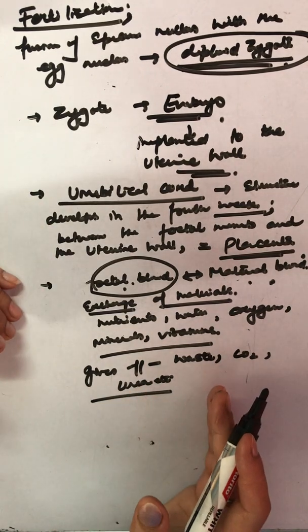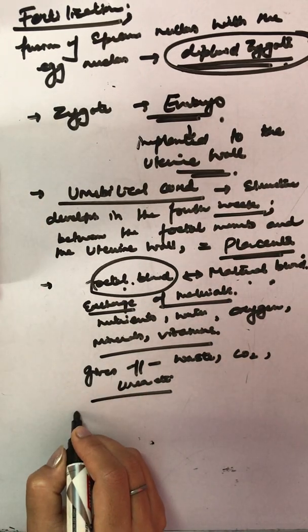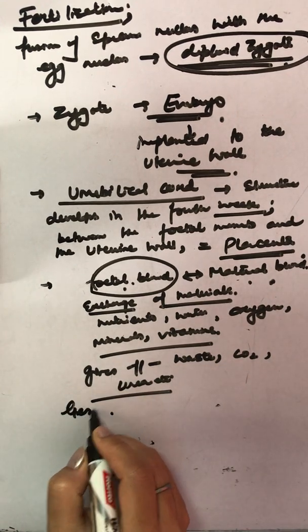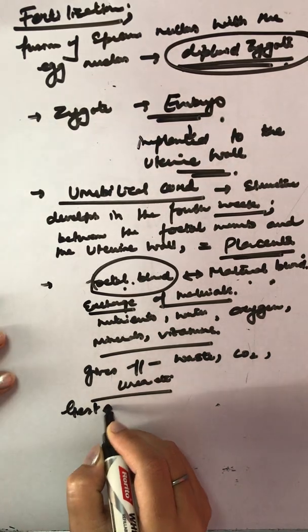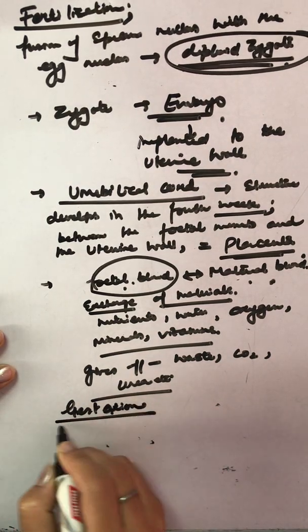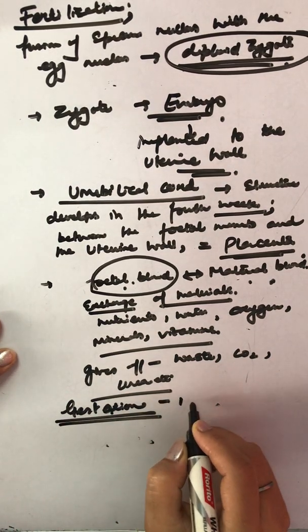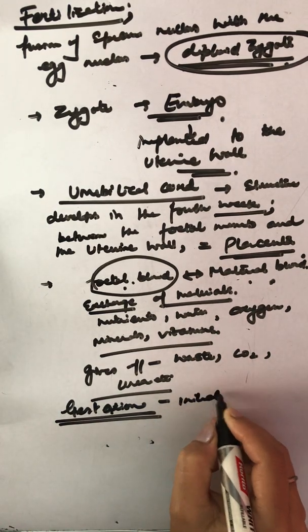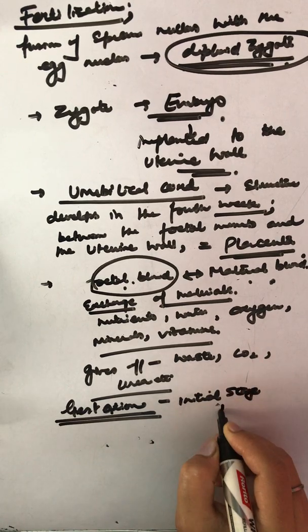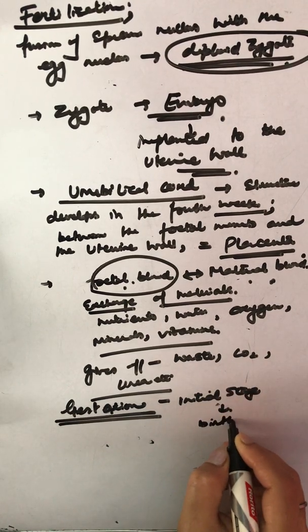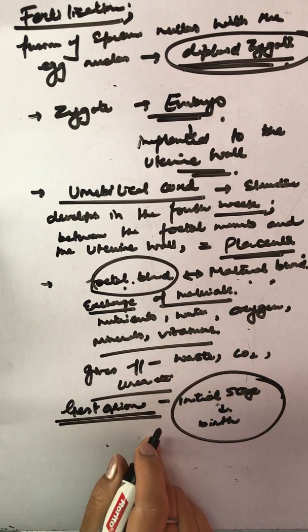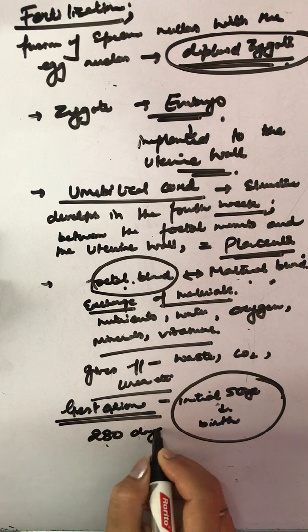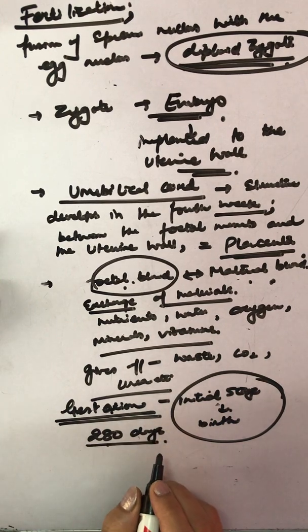So the complete development of the fetus from the initial stage of conception till the birth is called gestation. This is the gestation period, that means the journey, the complete development of the fetus from the initial stage till the birth, and it is about 280 days, or we say 40 weeks.